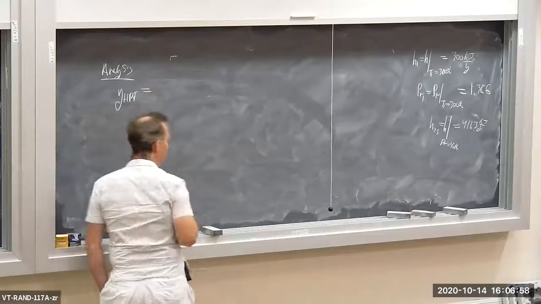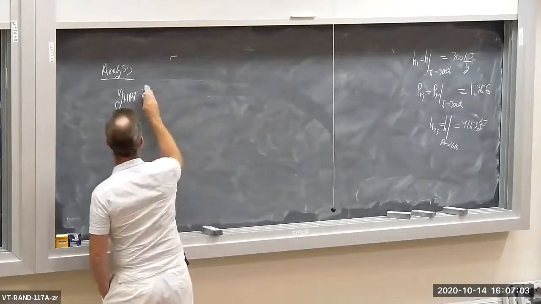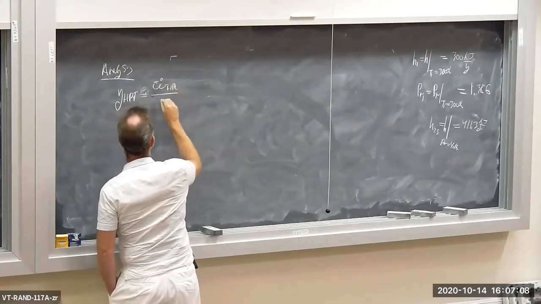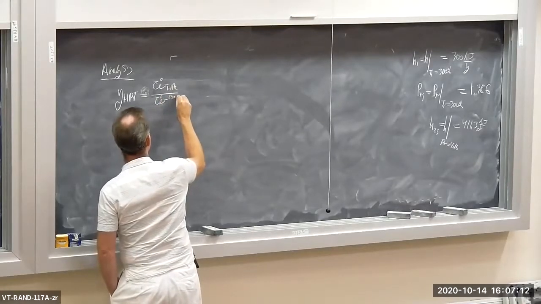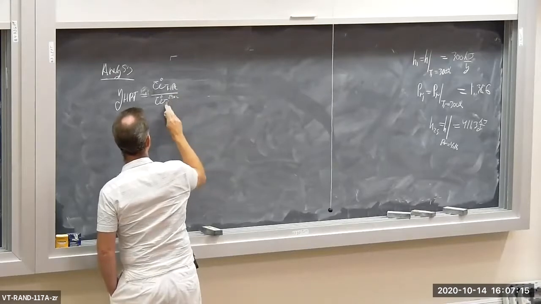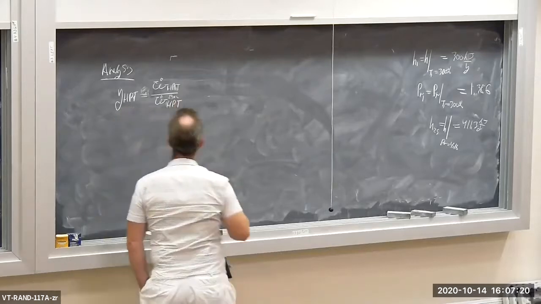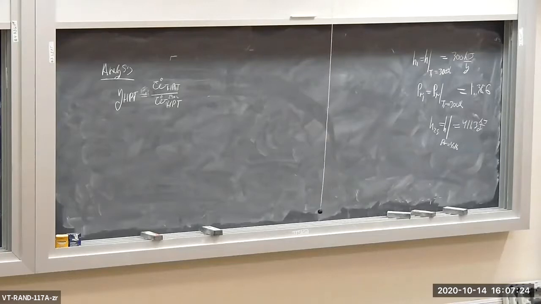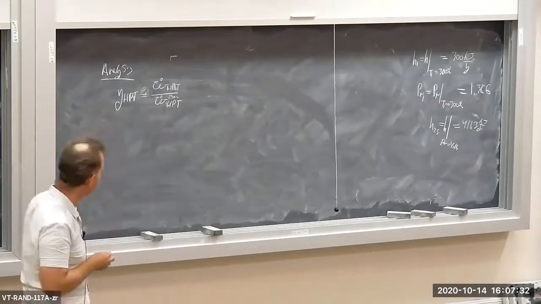The isentropic efficiency for the high pressure turbine is defined as the actual power output, W dot HPT, divided by the maximum, which is the work produced by the high pressure turbine operating isentropically.